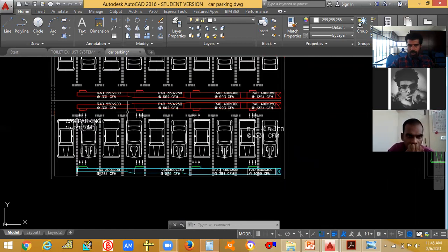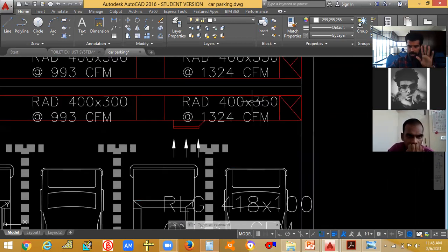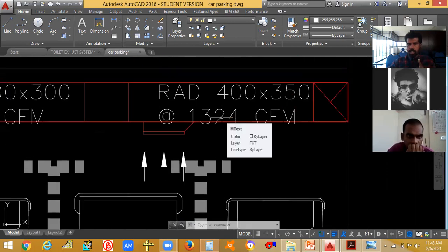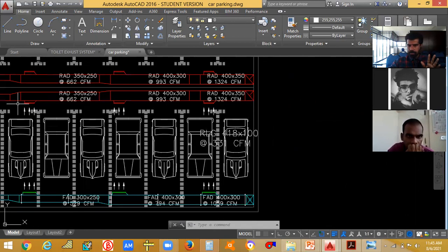So in this case, in the actual case when I am sizing it, I will get only 1,324 CFM. Okay, let's go with that. 1,324 CFM is the value that I got for this compartment. I have divided into 4 equal parts.